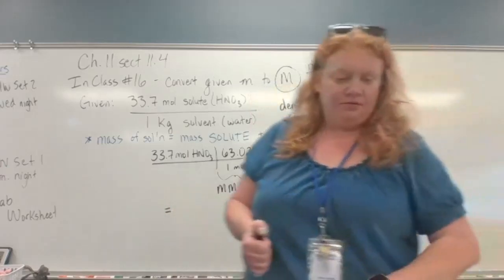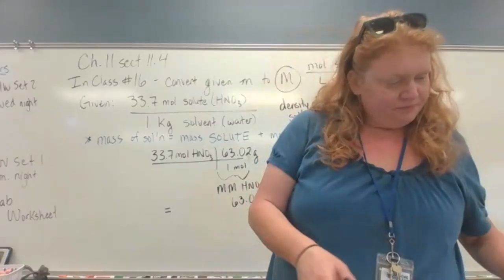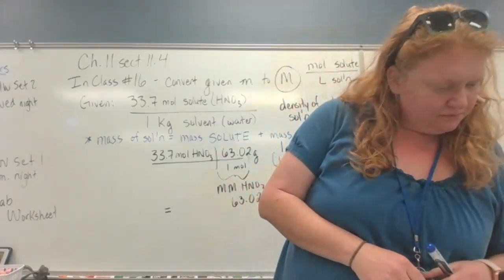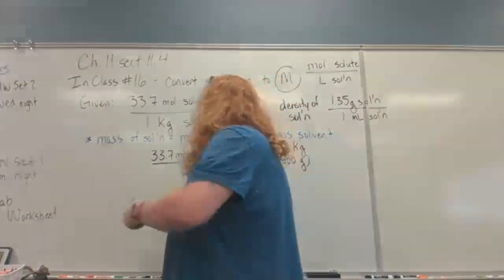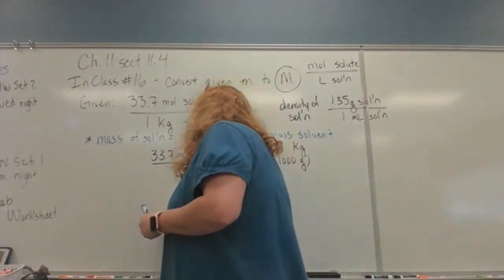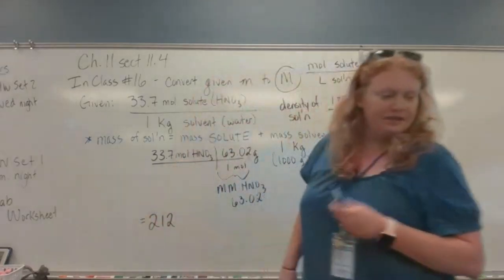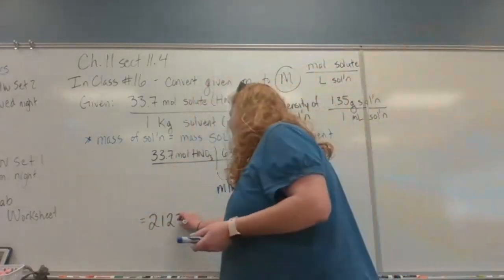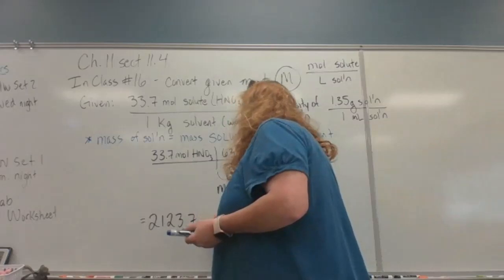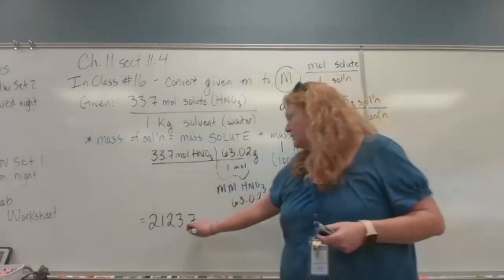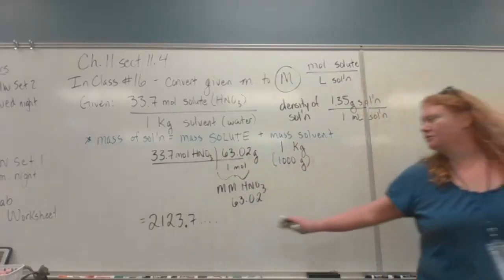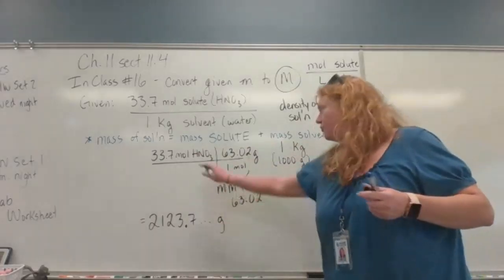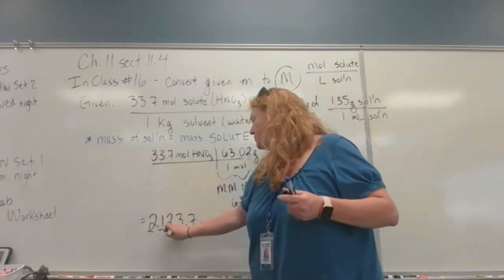That gives 2,120.3.7, blah blah blah. How many sig figs should this gram amount represent? 3. 1, 2, 3.